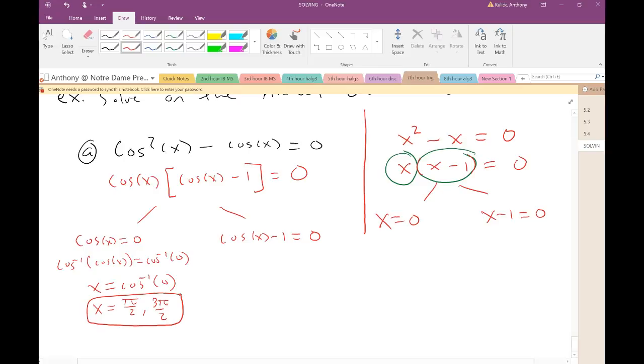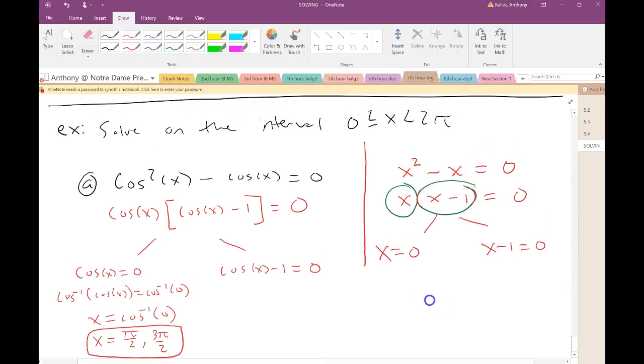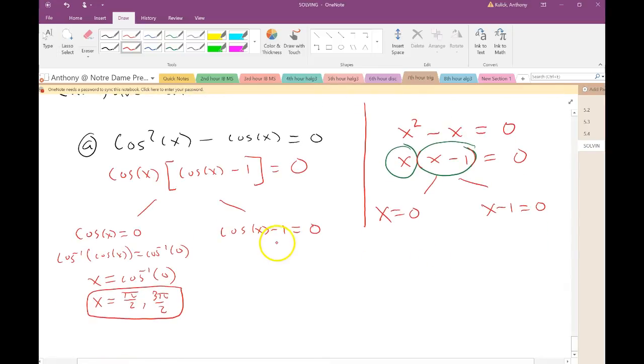Everybody okay there? I'm then going to do the same thing on this piece, so I'm going to add 1 to both sides, and then we'll do cosine inverse of both sides.